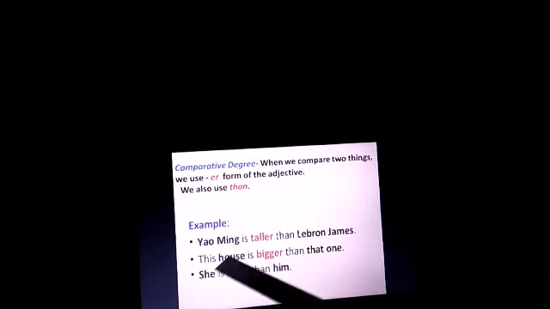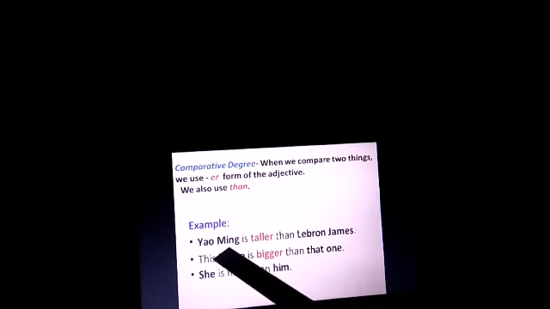For example, Yao Ming is taller than LeBron James. Here there are two names. Yao Ming is compared to LeBron James with the word tall, so we have used ER and than.